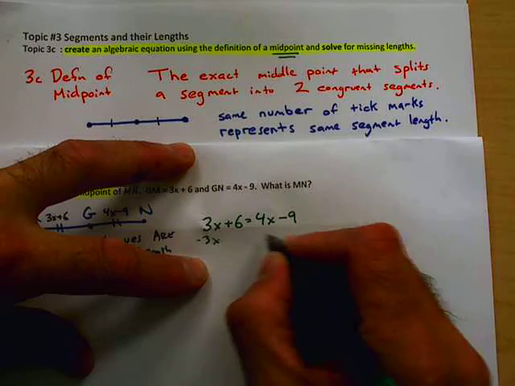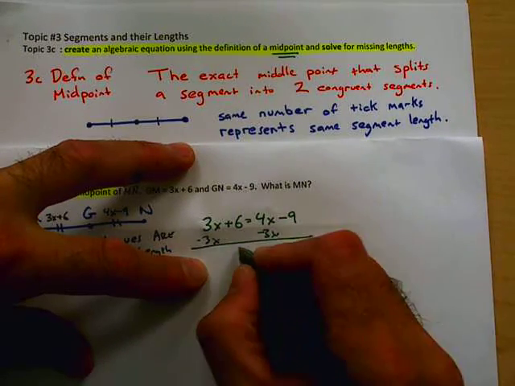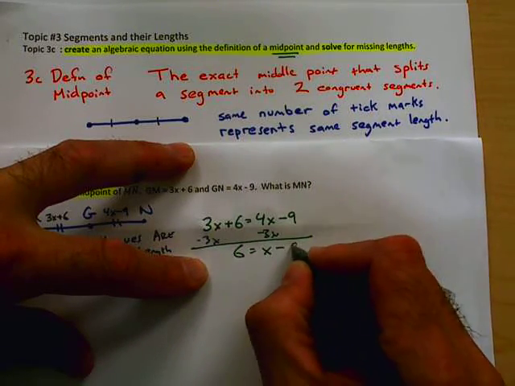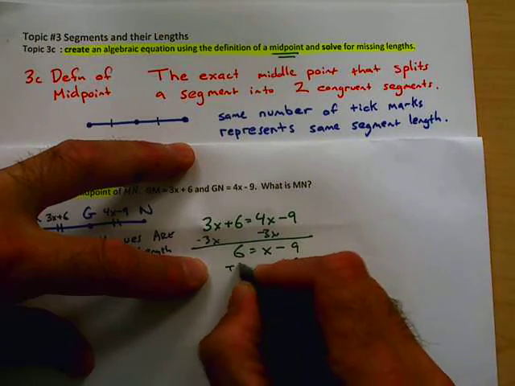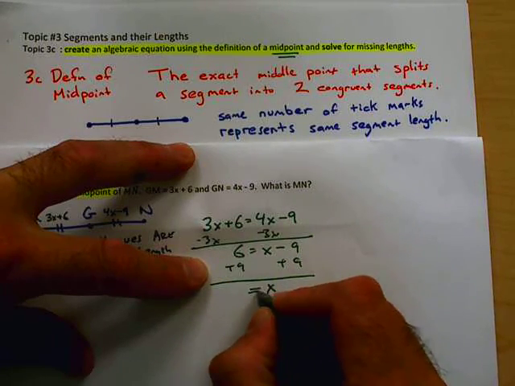Subtract 3x from both sides, get the x's together. 6 equals x minus 9. Add 9, x equals 15.